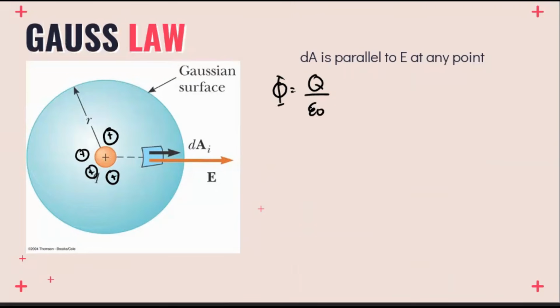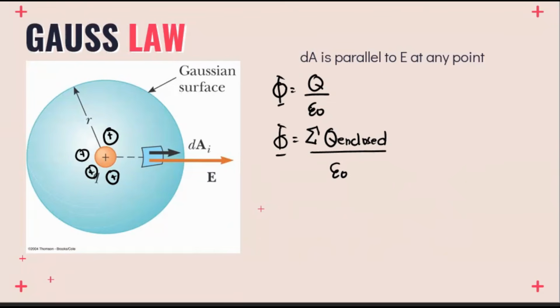So, we have to find the summation or the value of all charges that can be found on an enclosed system. So, our equation would be phi is equals to summation of the charges in an enclosed surface all over epsilon naught.